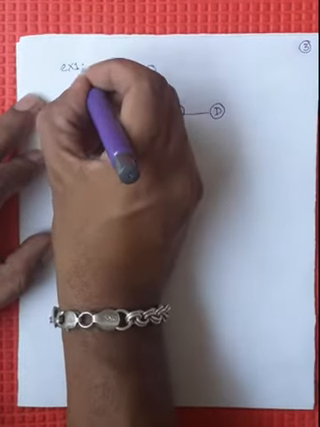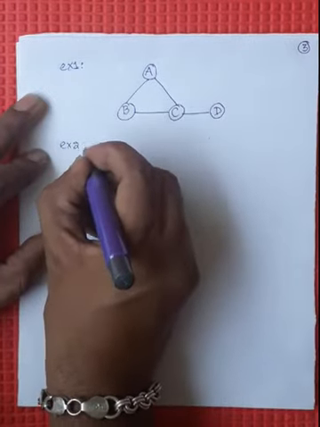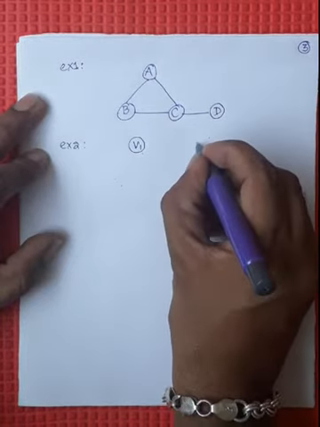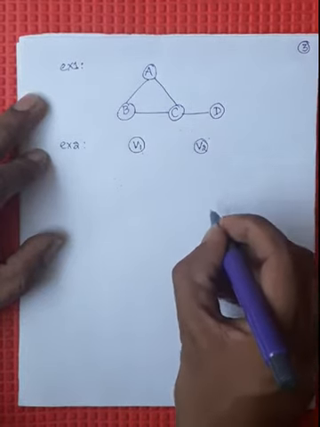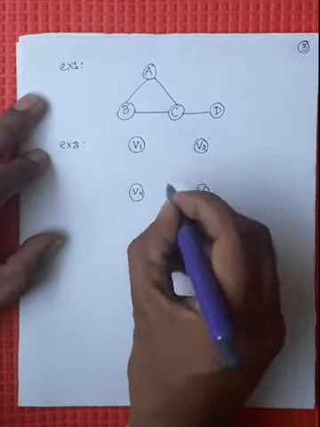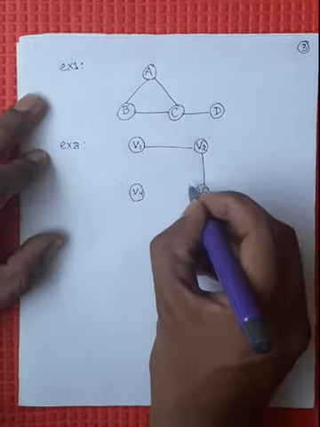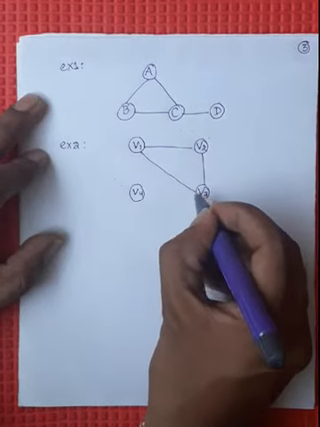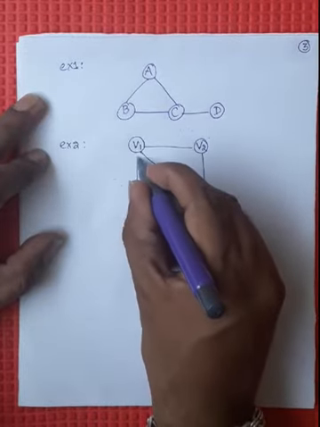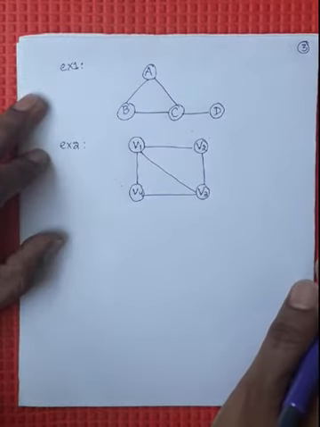Suppose I take another example, example 2. Let us say there is a node, which I will name V1, and another node V2, then V3 and V4. Let us say V1 is connected to V2, V2 is connected to V3, V1 is also connected to V3, and V3 is connected to V4, or vice versa, say V1 is connected to V4. So this is also another example of a graph.